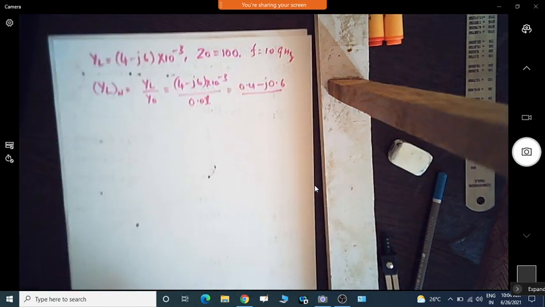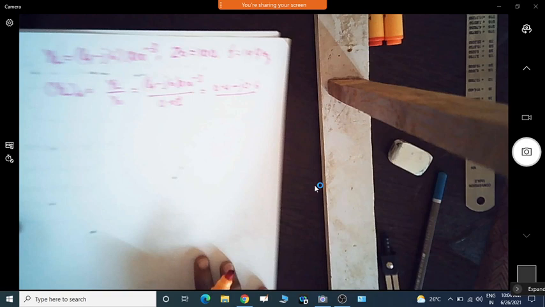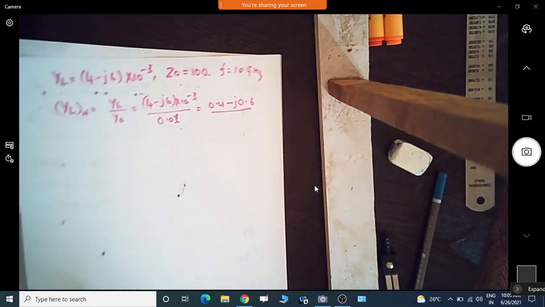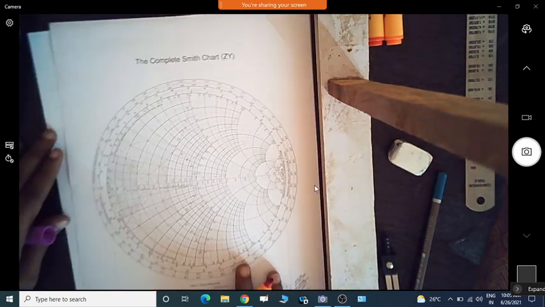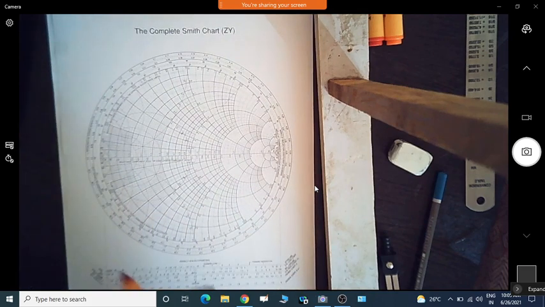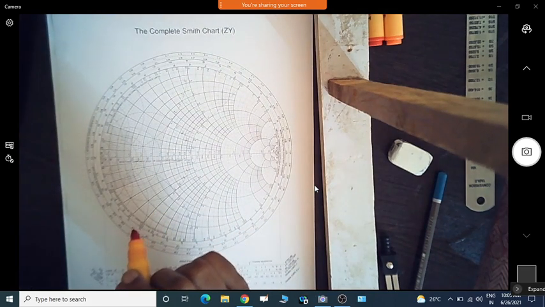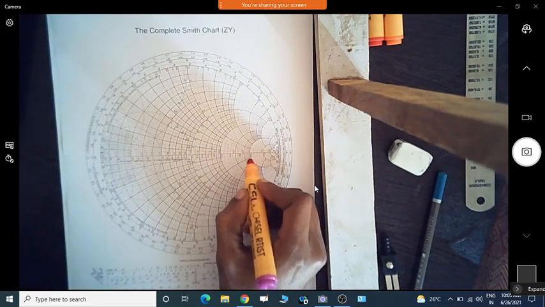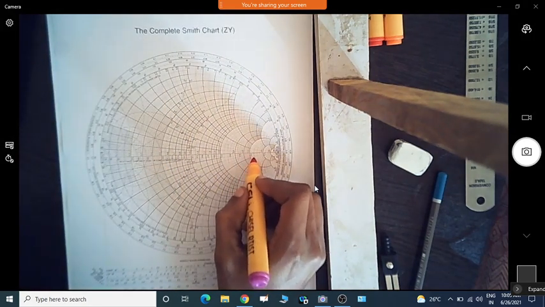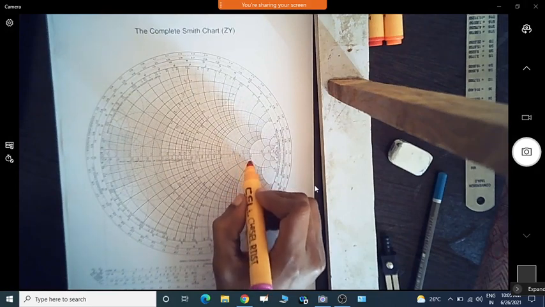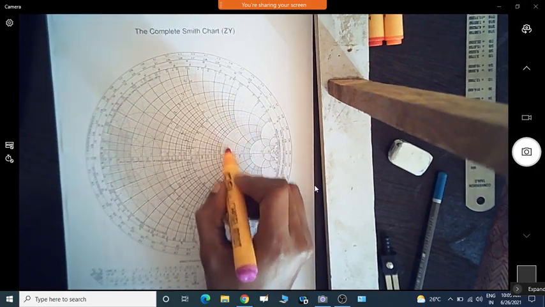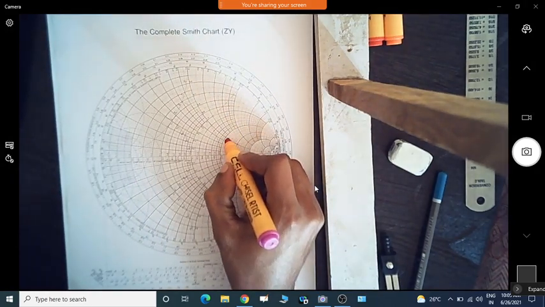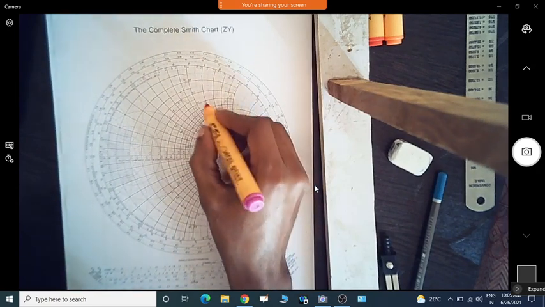Now let us look at where exactly the load point will be located. That is 0.4 minus j0.6. So this is the 0.4 and minus j0.6.